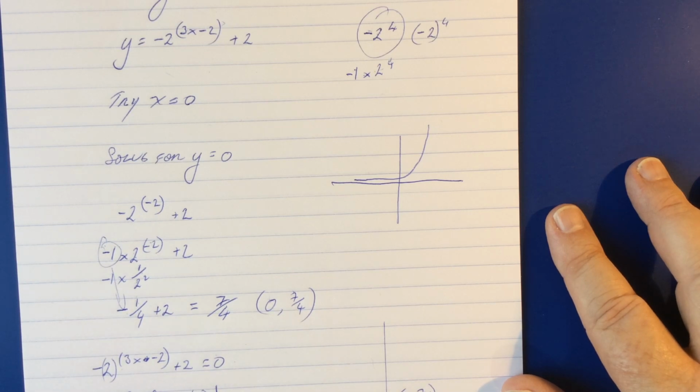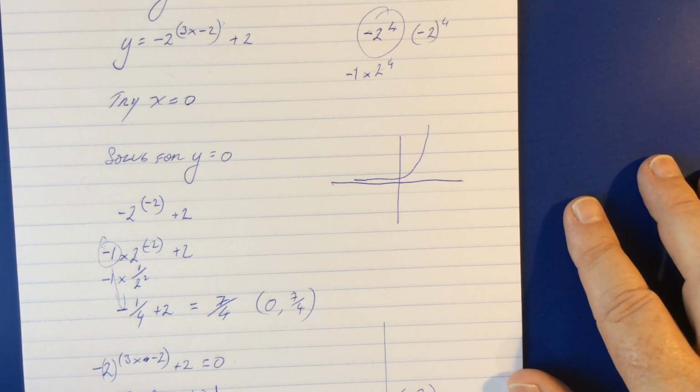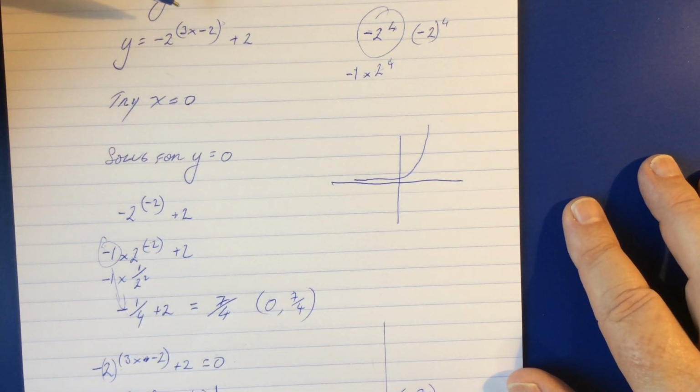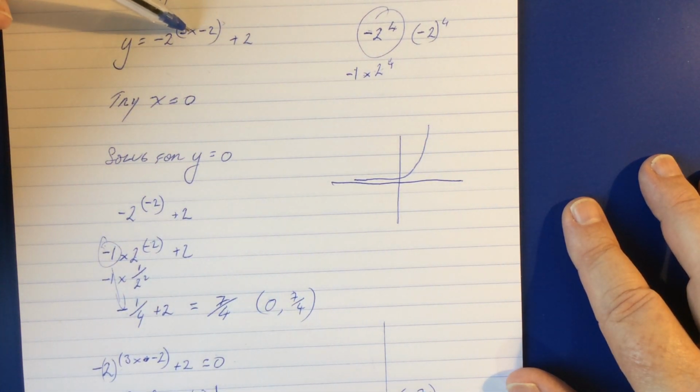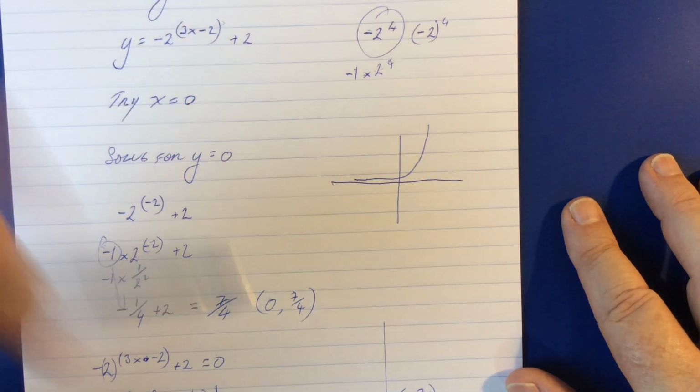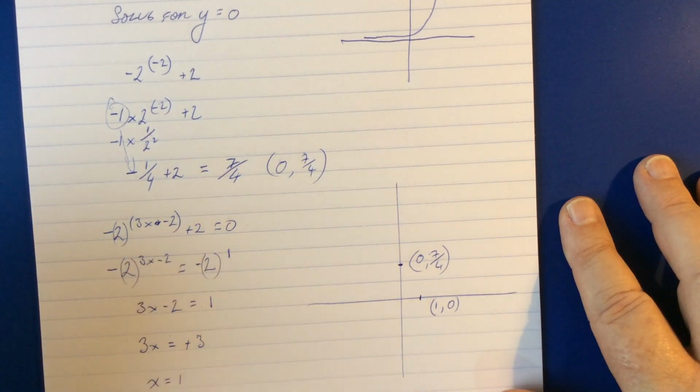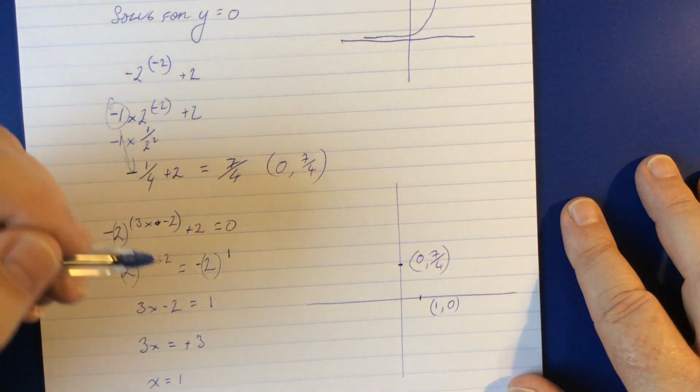So what I'm going to do is try another couple of values, and what we might do is try 2 here as a value of x. So I'll just find some space on this page and do that quickly.